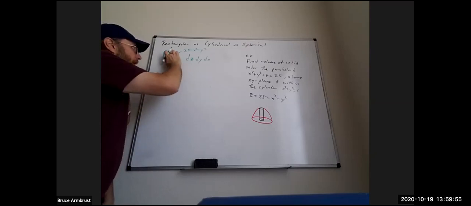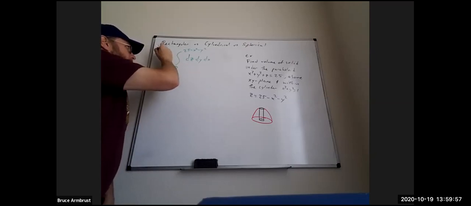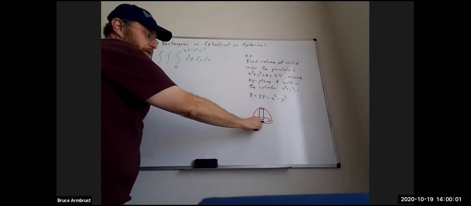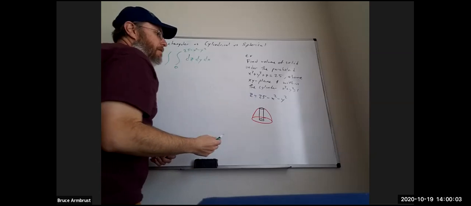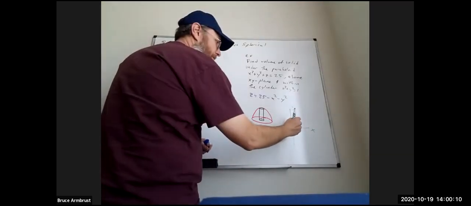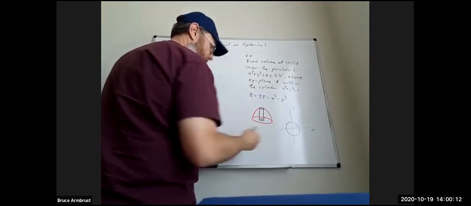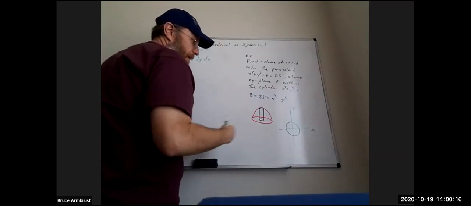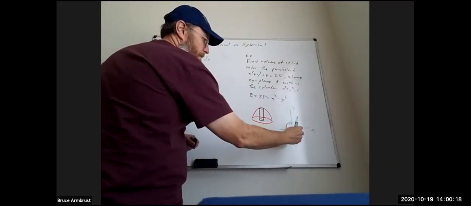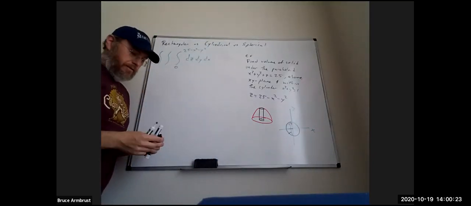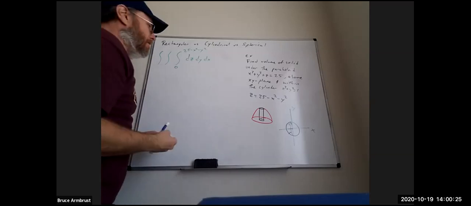And then for the dy's and the dx's, we need to think about the region over which we're integrating. So if I were to draw on the xy plane here, x squared plus y squared equals 1 is a circle. It's just the unit circle. So if I was going to do an integration man, say vertically, his head is on the upper semicircle and his feet are on the bottom semicircle.